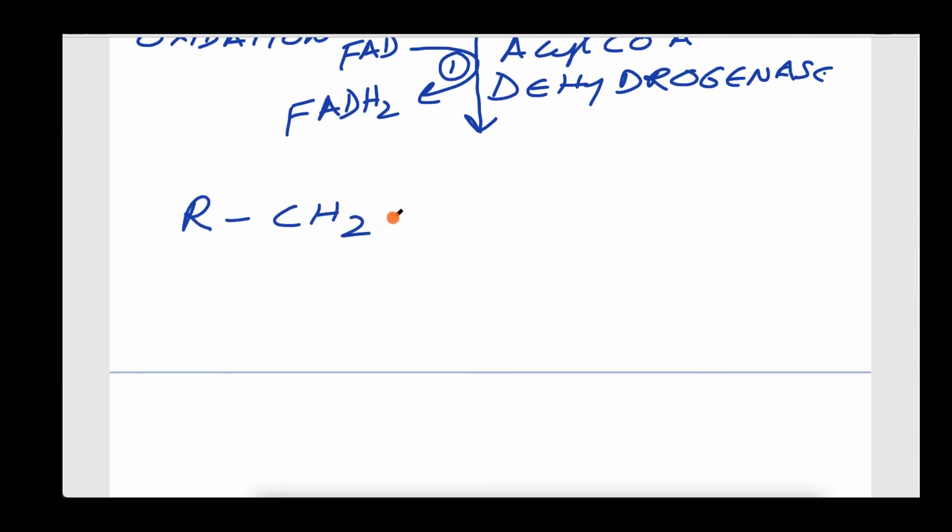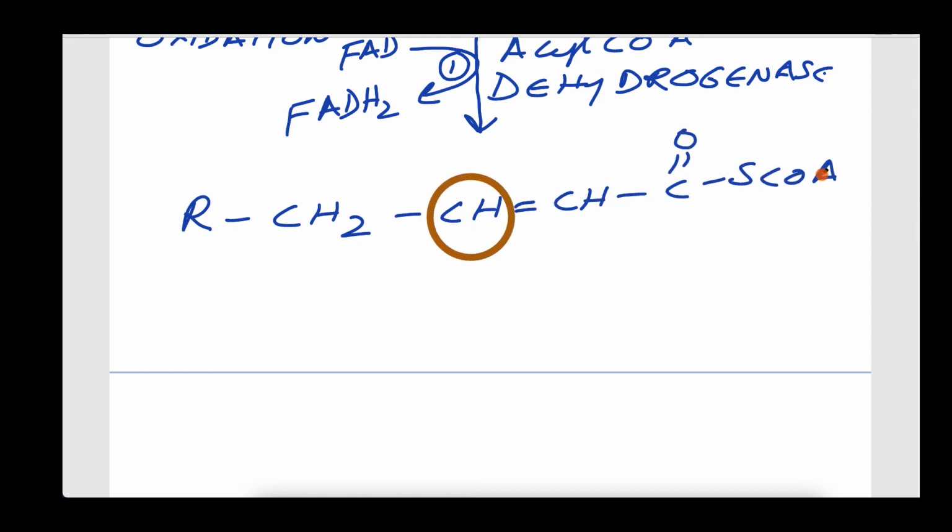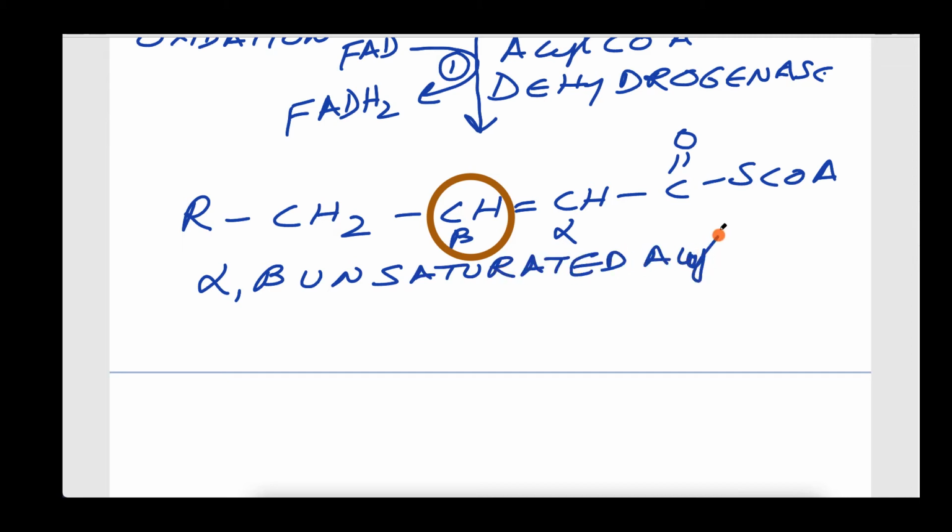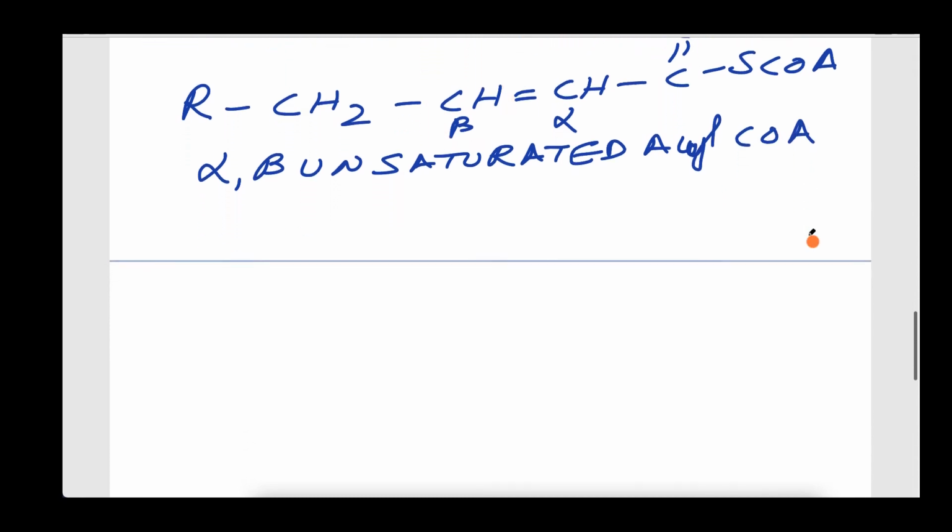Here the dehydrogenation has taken place. This is called alpha beta unsaturated acyl coenzyme A.